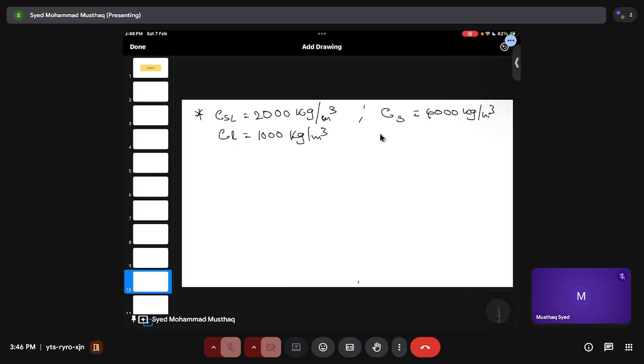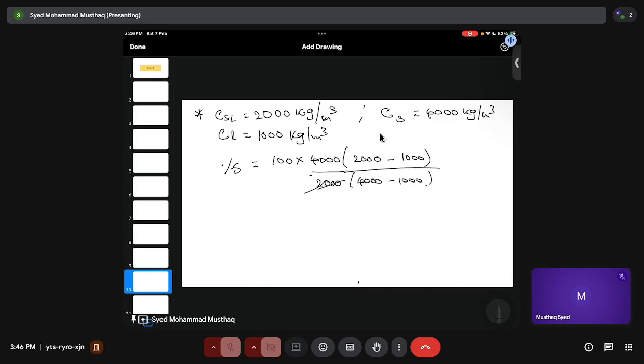Now what is my percentage of S? It will be equal to 100 into rho S, 4000, times rho SL, 2000, minus 1000, upon again rho SL, 2000, divided by rho S, 4000, minus 1000.